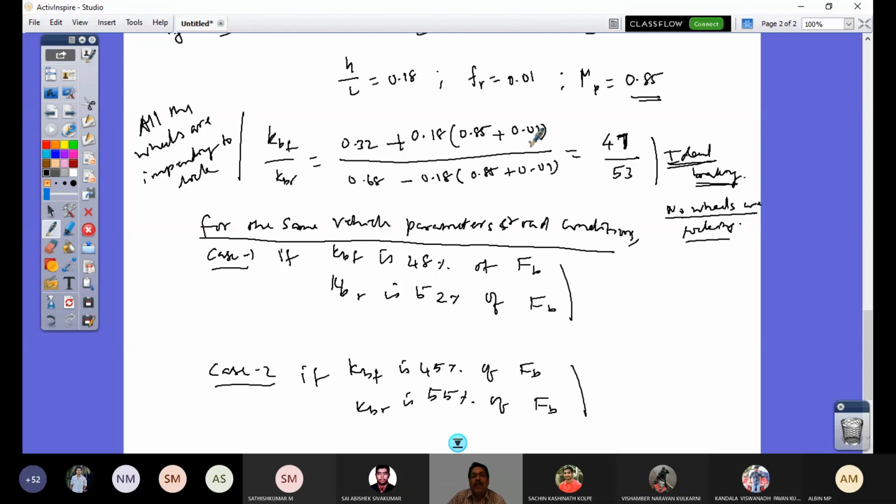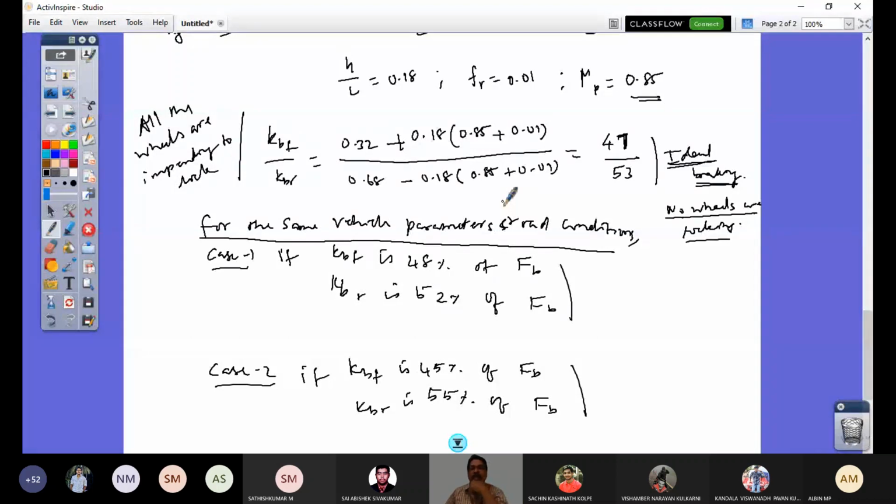So if I have the exact proportion of my static load condition, I would always go to that of ideal braking, where all the wheels can lock simultaneously. Or it is a condition that no wheels are locking just before the impending state. So that's the scenario.